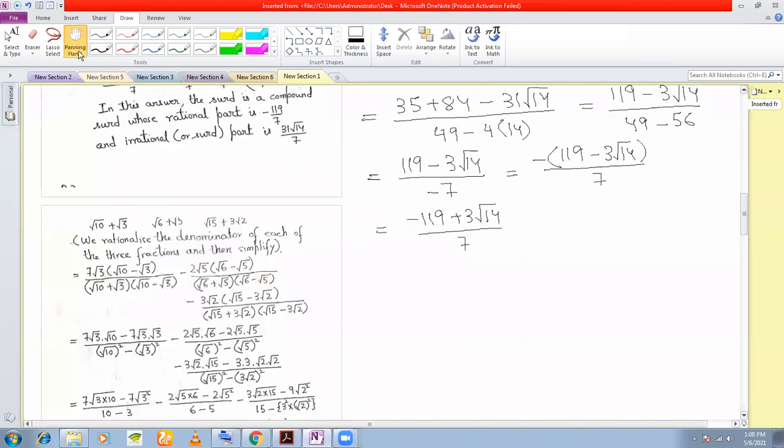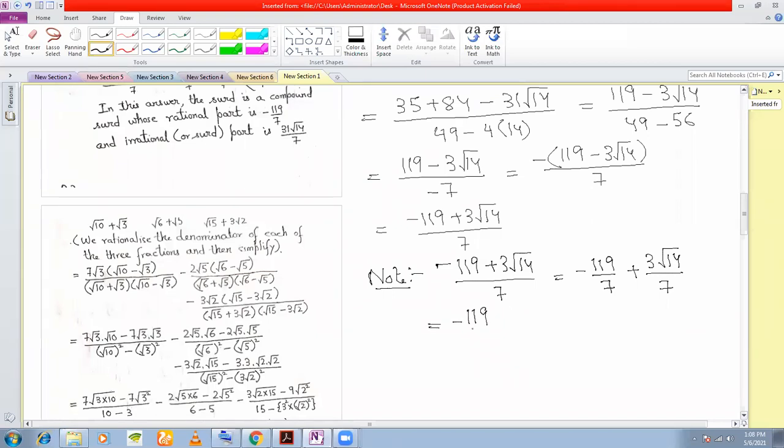Now what I would like you to note here, which we shall be seeing in later problems, one or two problems maybe, is that (minus 119 plus 31 root 14) divided by 7 can be written as minus 119 by 7 plus 31 root 14 divided by 7, right? Or you can also write this as minus 119 by 7 plus 31 by 7 root 14.